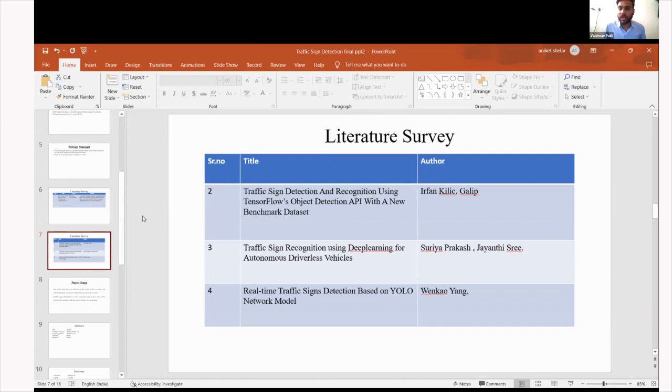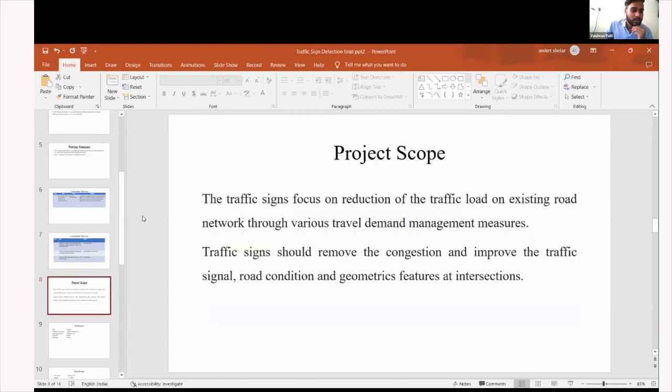The authors are Supriya Prakash and Jayanti Sri. The fourth one is real-time traffic sign detection based on YOLO network model, whose author is Wenkao Yang. And the next one is project scope.